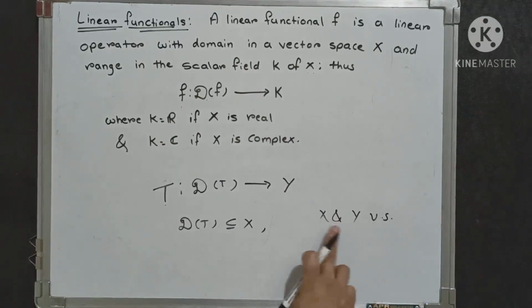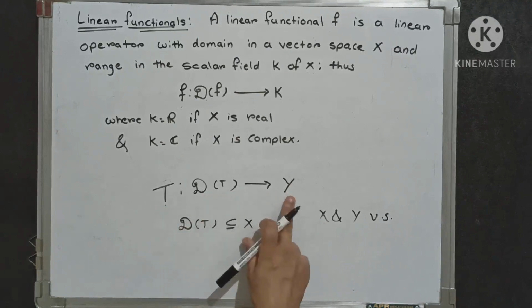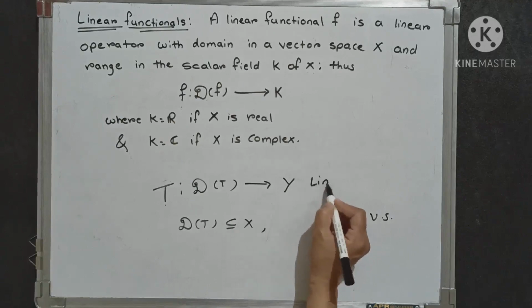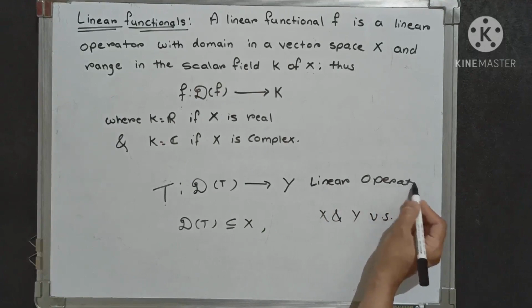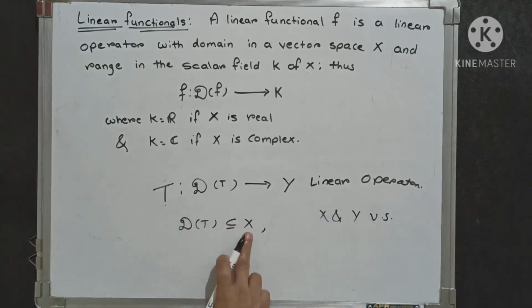T is a linear operator, that means its domain lies in a vector space and its range is in a vector space.